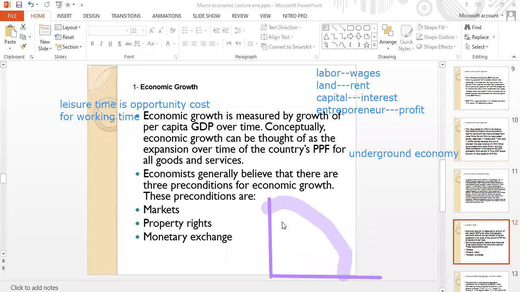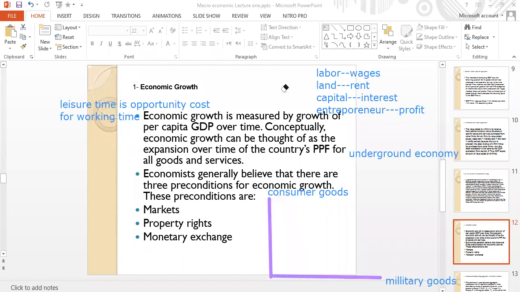as choosing between two goods. So if we say that we have military goods and consumer goods, we have a trade-off between military goods and consumer goods.